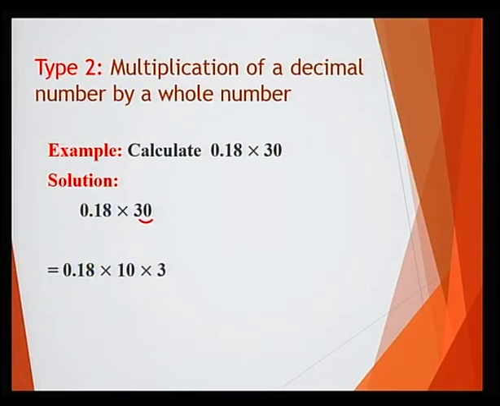So now I have 0.18 times 10, and in the previous example, we learned that if I have to multiply by 10, I move the decimal point 1 place to the right. So I get 1.8 times 3, which gives me 5.4.